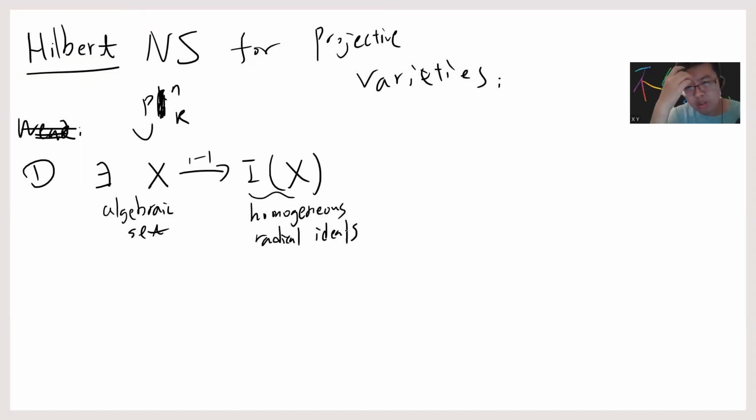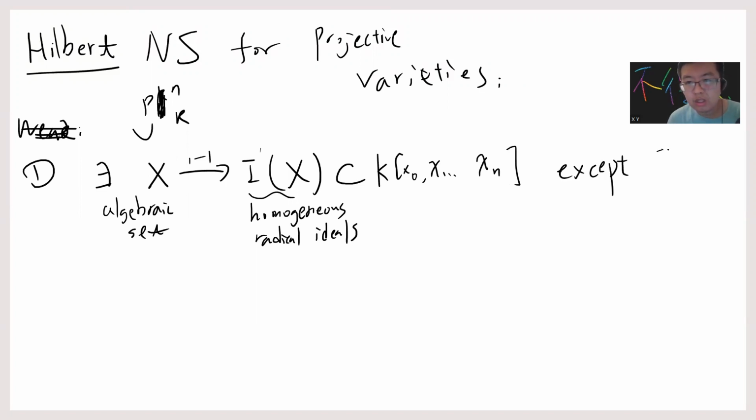I think there is a fact that a homogeneous radical ideal is the same as a homogeneous ideal, if I remember correctly. Of k[x0, x1, ..., xn]. This is the same as the affine variety, except for this I plus, the irrelevant ideal, because for the irrelevant ideal, the correspondence gives you all zeros, which is not in the projective space.